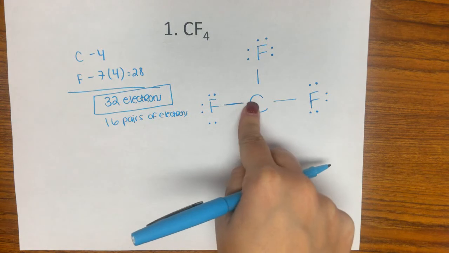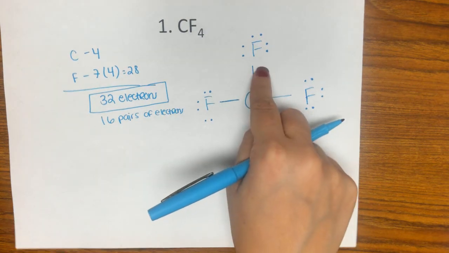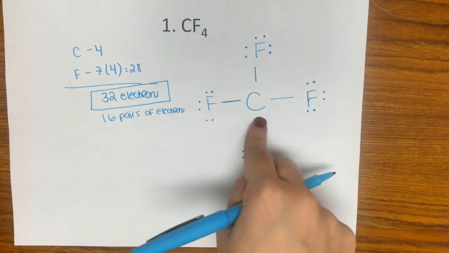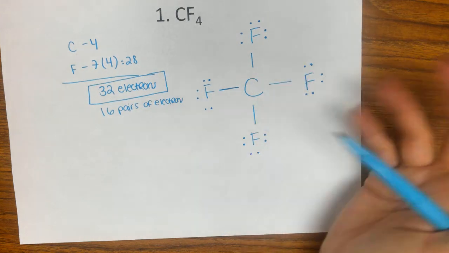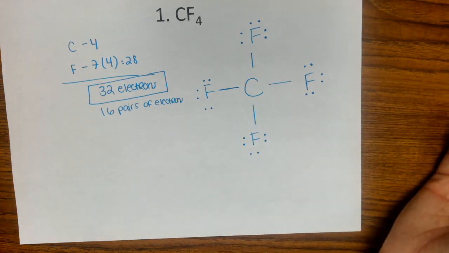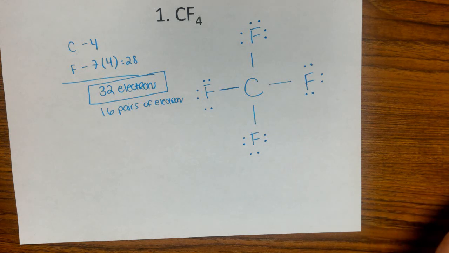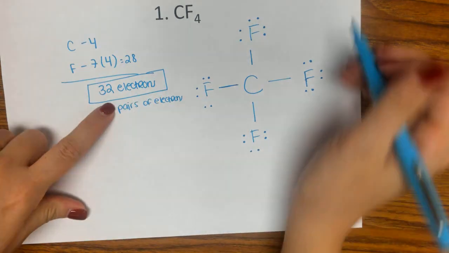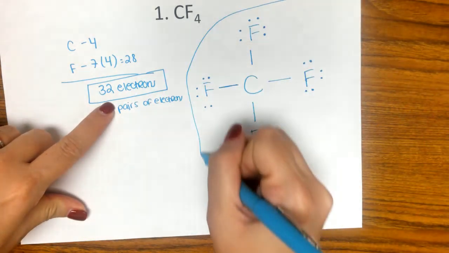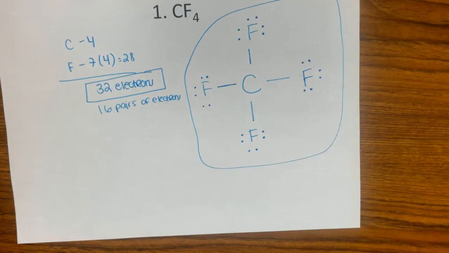Carbon in the center is sharing 2 here, 2 here, 2 here, 2 here. So carbon total, because there are 4 bonds, it's sharing 8 electrons. So carbon is good. Fluorine's happy, carbon's happy. I've used all of my electrons. This is the Lewis structure for CF4.